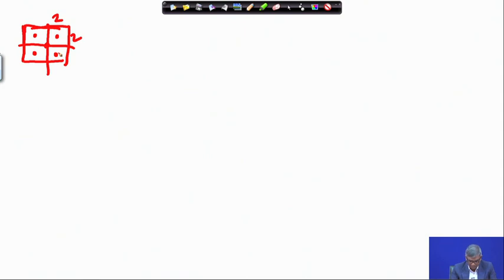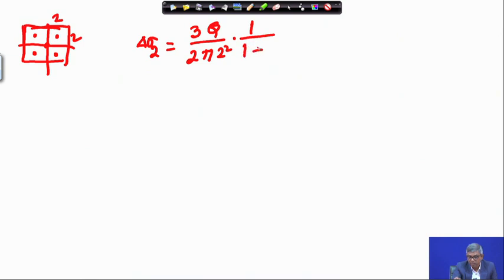When I calculate at different depths, for the point load formula, delta sigma at 2 meter depth will be equal to 3q by 2 pi z squared, where z squared is 2 squared, multiplied by 1 by 1 plus r by z whole squared to the power 5 by 2. Here r is the root of 1 squared plus 1 squared, equal to root 2.